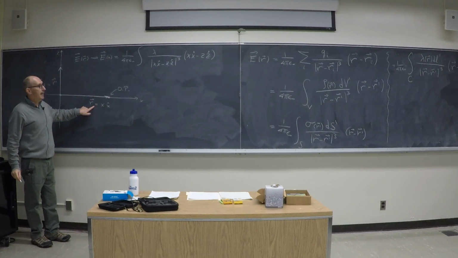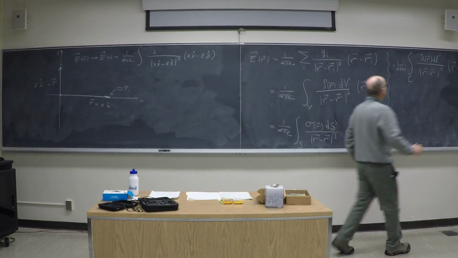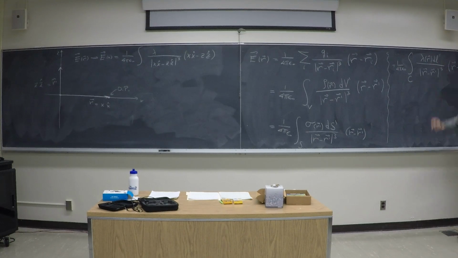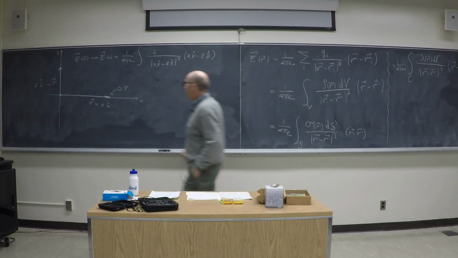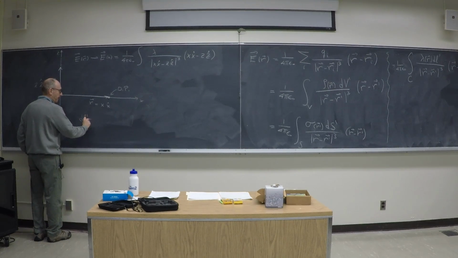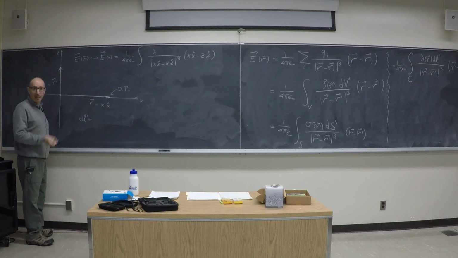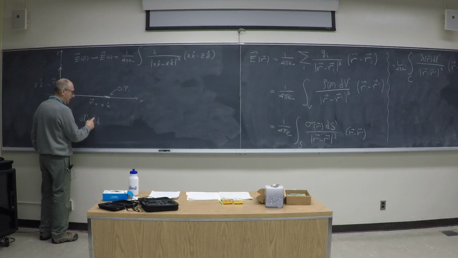So this element, dl prime, we have to see the context, but dl prime is, by definition in a line integral, the absolute magnitude of this.